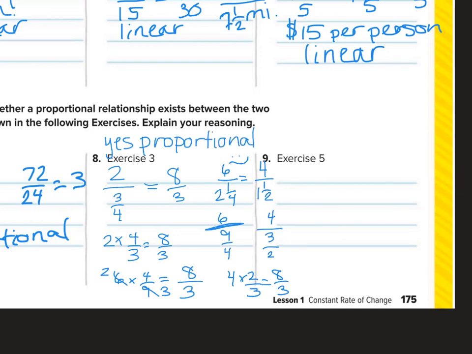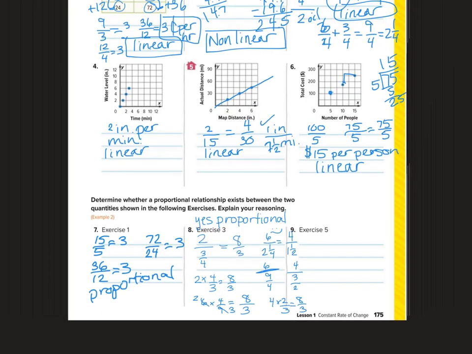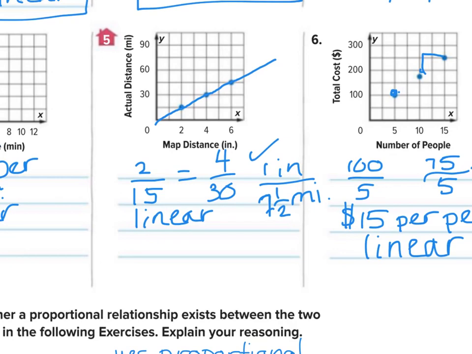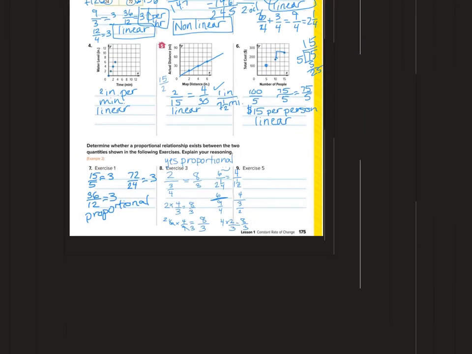So let's determine if exercise 5 is proportional. So we can look at the ratios of 15 over 2. Does that equal 30 over 4? And does that equal 45 over 6?